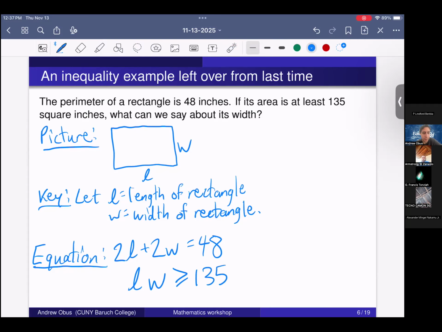So the first equation is perimeter equals 48, and the second equation is area is at least 135.